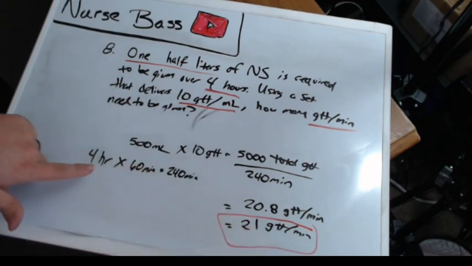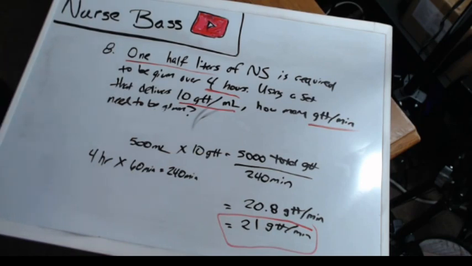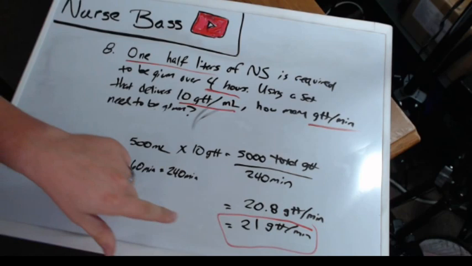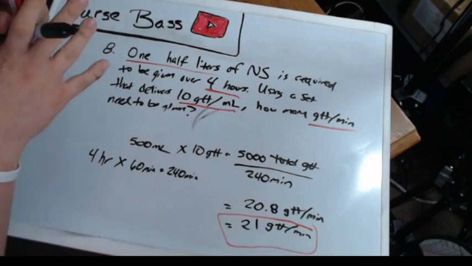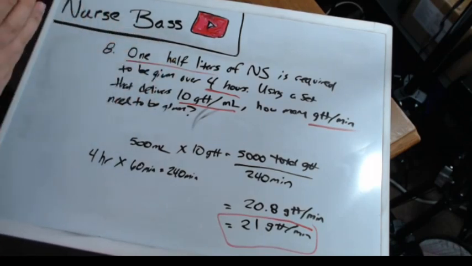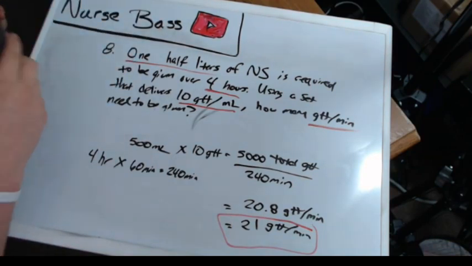So we converted our hours into minutes, and we did our 5,000 total drops divided by our 240 minutes to give us how many drops per minute, like the question asked. How many drops per minute? In other words, your drip rate. I hope you got it.